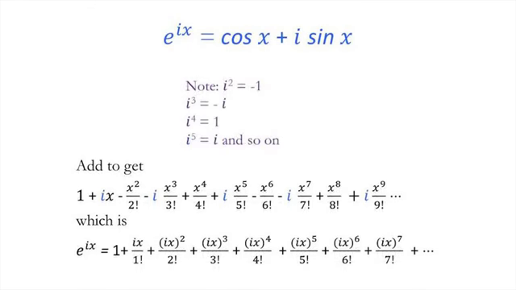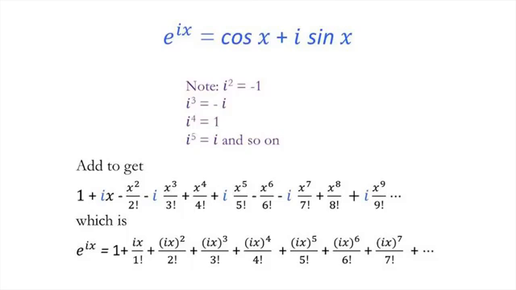We're using the fact that i squared is minus 1. i cubed is going to be minus i, because i cubed is i squared, which is minus 1, times i. So it's minus i. i to the 4th brings us back to 1. i to the 5th will start it over again. So it repeats in blocks of 4 as you go up, running between 1, i, minus 1, and minus i.